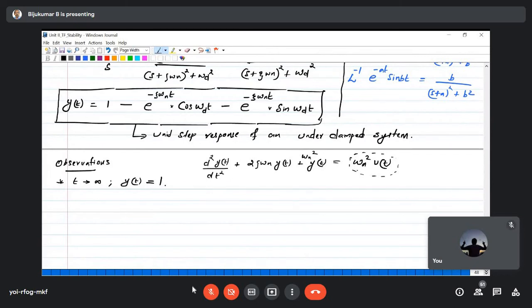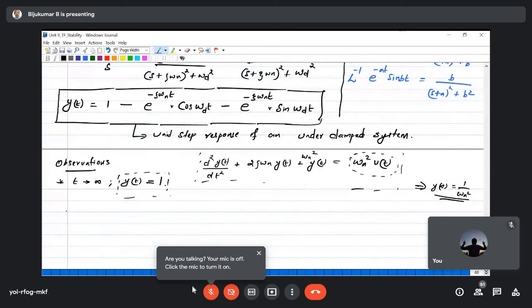Usually u of t only will be there. Since omega n square is present, we are getting the steady state value as 1. Otherwise, if this is equal to u of t, your steady state value y of infinity will be 1 by omega n square. So in order to make this steady state value unity, this omega n square is multiplied with the numerator. Okay, other than that, nothing is there in this. This you keep in mind.